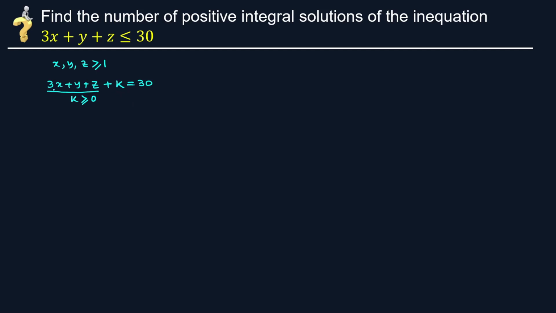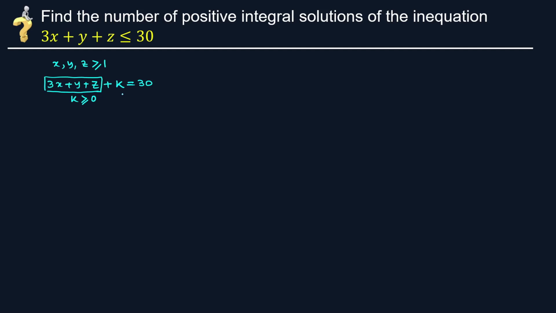In that case, your 3x plus y plus z will all give us 0, right? Again, I'm telling you, somebody are thinking, sir, why you are saying that k will take the value 30? Because the minimum value that x, y, z can take is 1. So the minimum value of this expression is coming to 5. Then your k can take the value till 25.